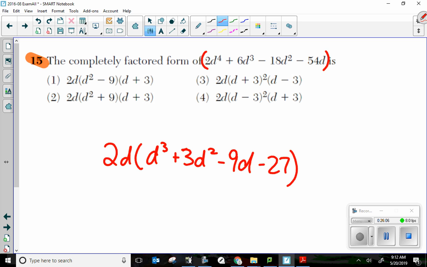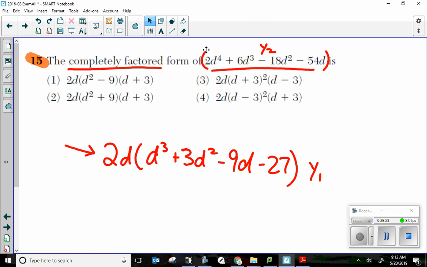Now, if I were to graph this into y1, and I were to graph this into y2, the graphs would look the same. But this right here, even though it's factored, it's not completely factored, all right? And that's what I was trying to say about you may get two graphs that look the same. You just have to pick and know which one is factored completely, all right?